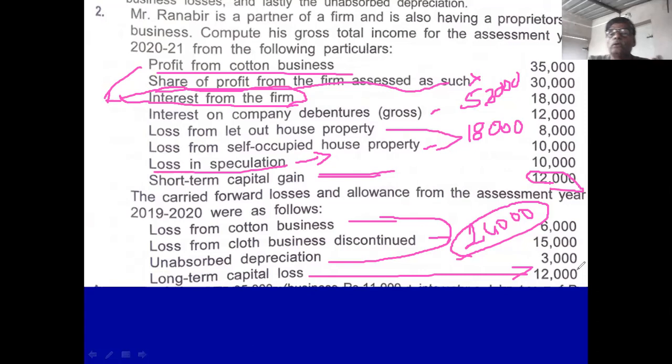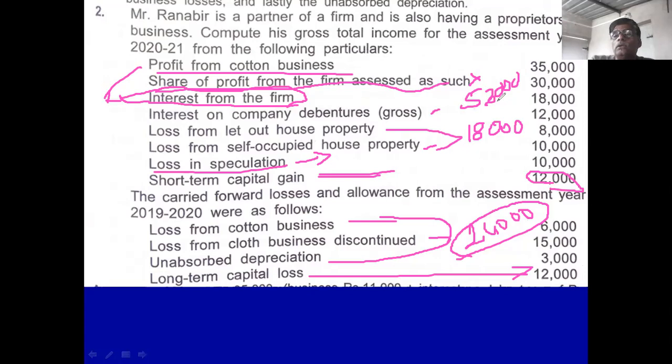This is the point. Therefore, you see here, total business income is 53,000. Out of this 53,000, first you deduct 24,000. The balance is 29,000.